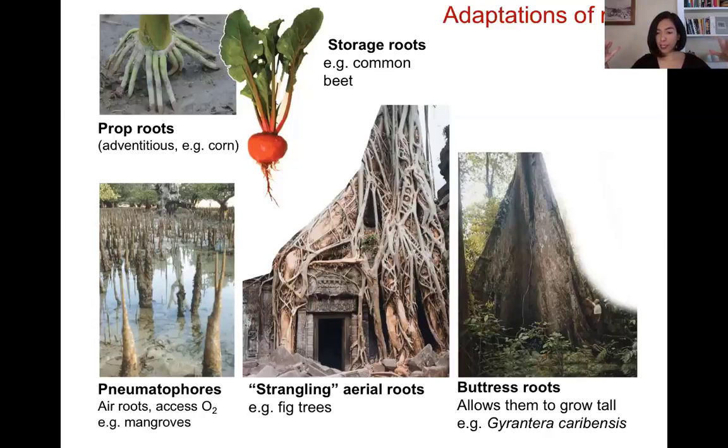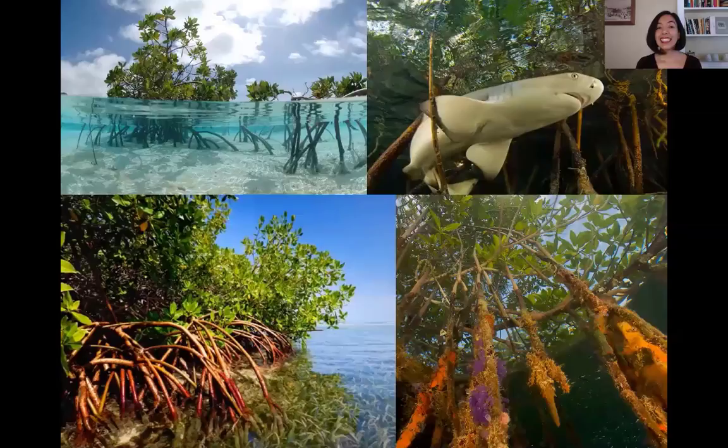But by having this extension or wider base, the trees can be very strong and support and grow very tall. This is just another set of pictures for you to see these mangroves and how the roots emerge in some cases, and how they create this microenvironment for some aquatic life to thrive there.